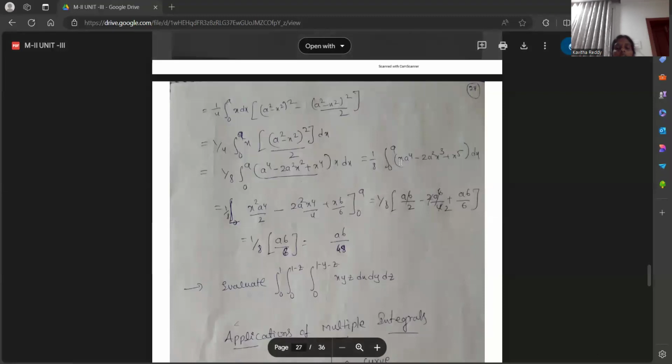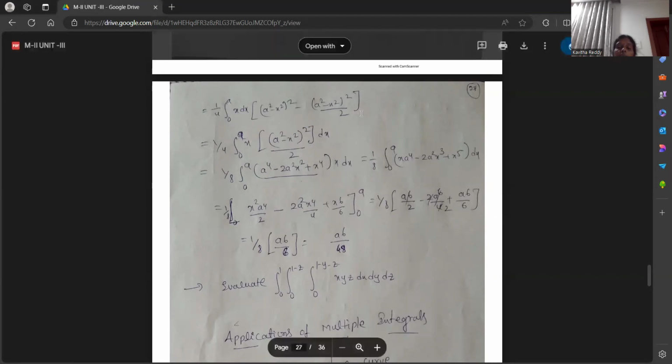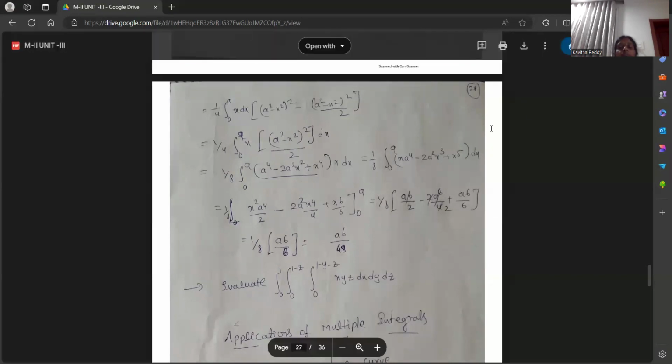After integration, 1 by 8 times the integral from 0 to a of x times (a to the power 4 minus 2a squared x cubed plus x to the power 5) dx. This is after simplification of integrating with respect to y and applying the limits.